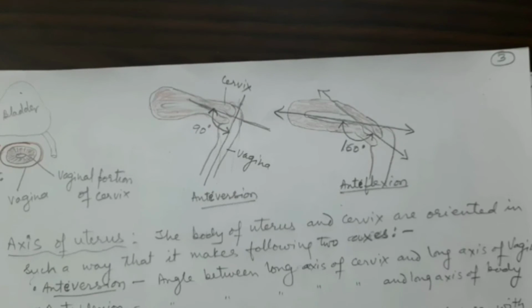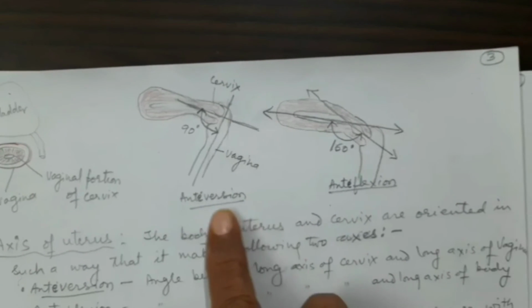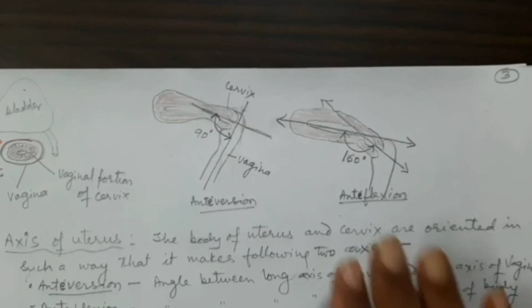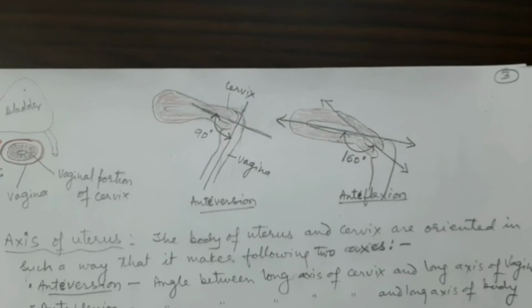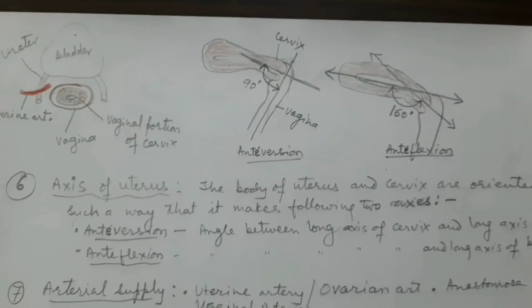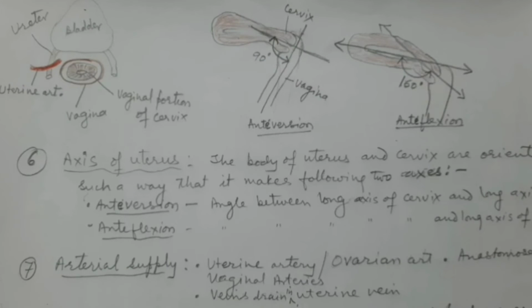This kind of angle between the body and cervix is called anteflexion. So sometimes a teacher may ask you about anteversion and anteflexion and their applied importance in prolapse of the uterus. So this is another aspect of the orientation of the uterus.